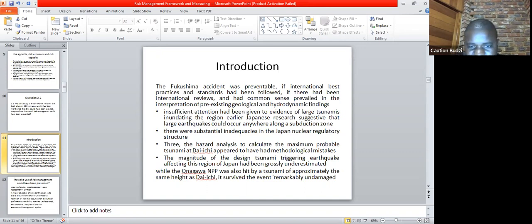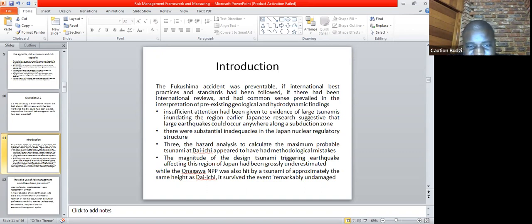According to different research which has been done, they found out that there were a number of issues which caused this disaster. For example, there was insufficient attention given to evidence of large tsunamis inundating the region. Earlier, Japanese research suggested that large earthquakes could occur anywhere along the subduction zone.